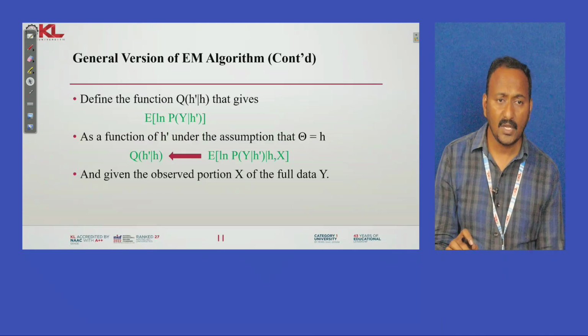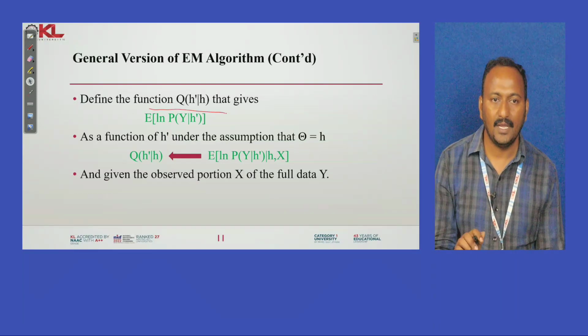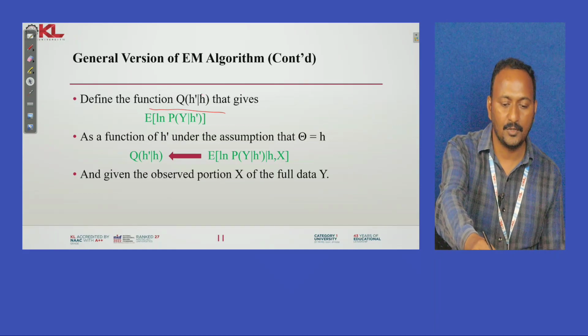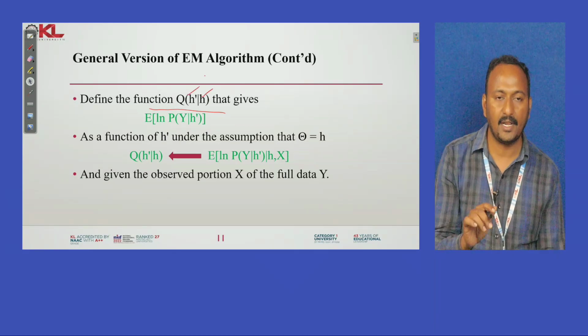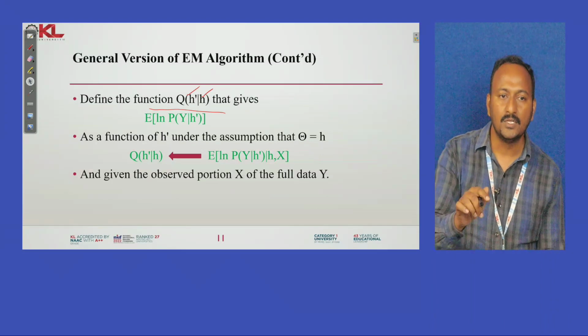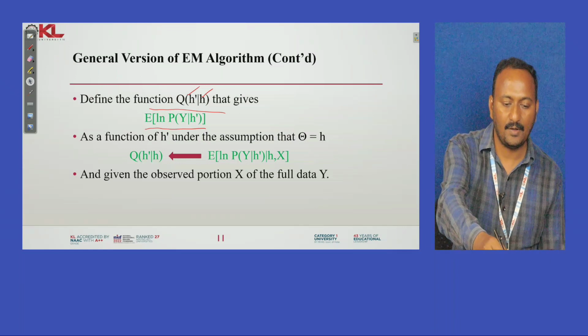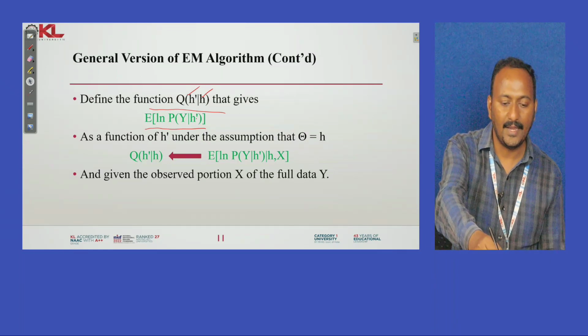Here we simply define a function, that is Q of h bar conditioned on h. Here h is our current hypothesis and h bar is the updated hypothesis gained after an iteration of our EM algorithm. This one gives our estimated value: the estimation of the logarithm of the probability of y conditioned on h bar.